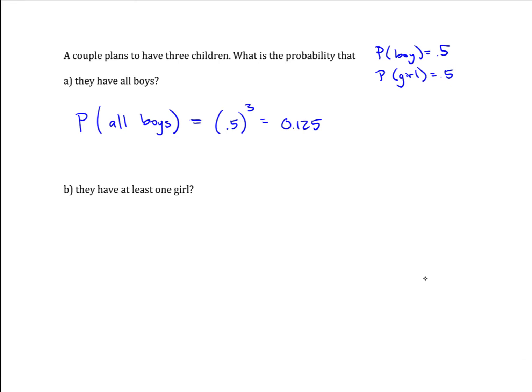What's the probability they have at least one girl? So at least one girl. There's different ways that you could potentially think about this.